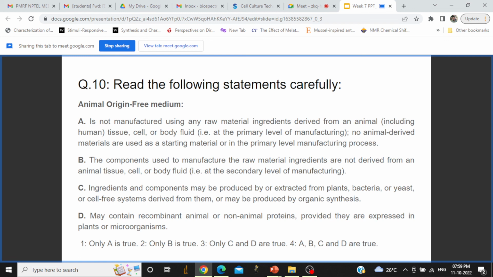And after expressing it there, this animal protein will be formed using RDT, but it will be formed in the plant or microorganism, and after that it can be used in this animal origin free medium.